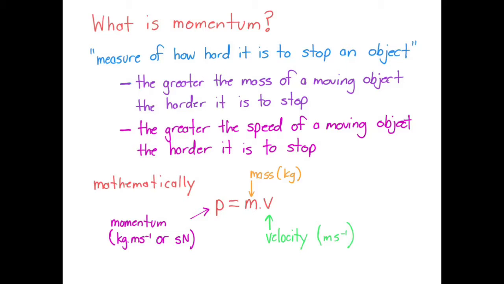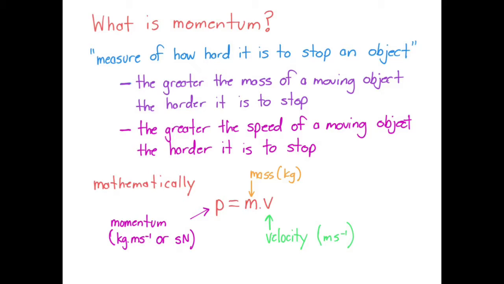So what is momentum? I think the best way to think of it is as a measure of how hard it is to stop an object. So if you want to have a picture in your mind of what momentum is, think of it as how hard it is to stop an object. And obviously, the greater the mass of a moving object, the harder it is to stop.